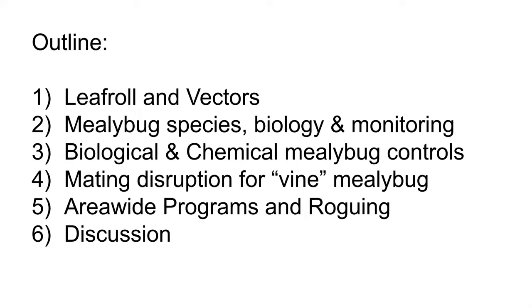Don't be a vineyard as an island, because your mealybug pest problems include what's happening in your neighbor's vineyard as well. And then we'll finish off with roguing. So we start with leafroll, we'll end with leafroll. And I hope to have enough time for not so much discussion, but questions.